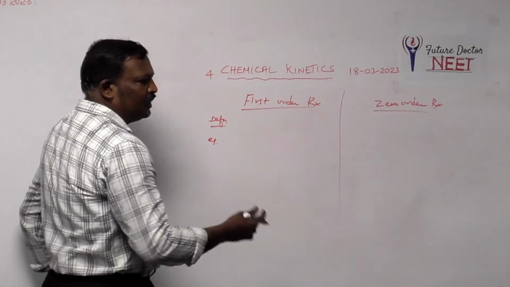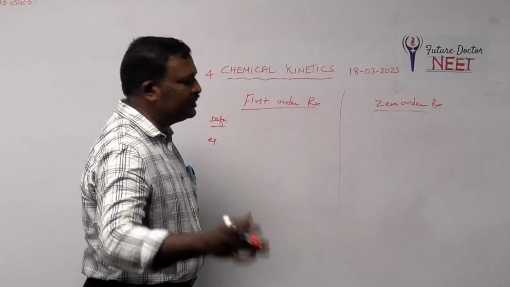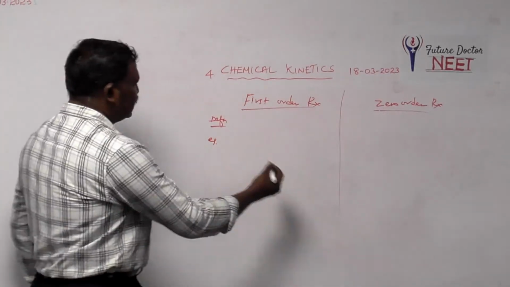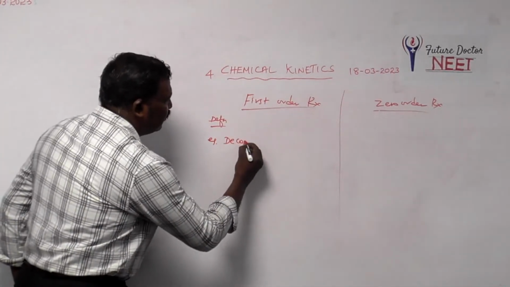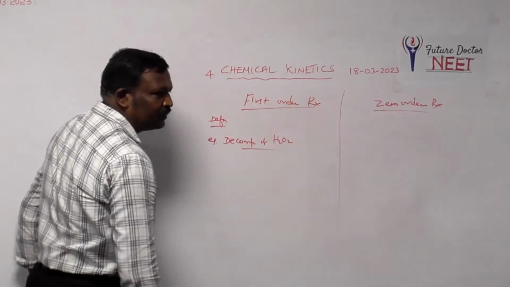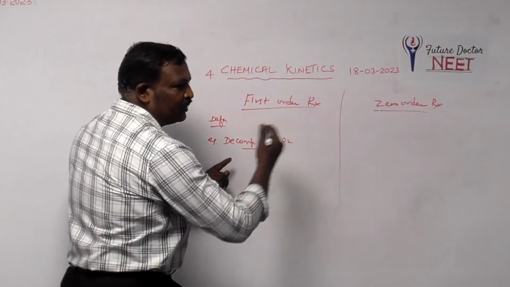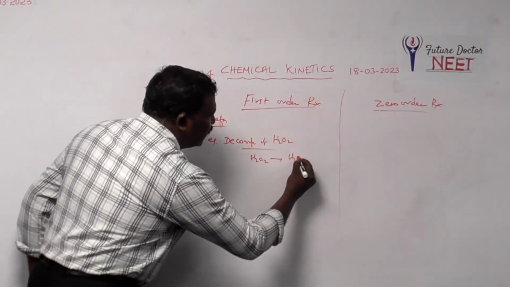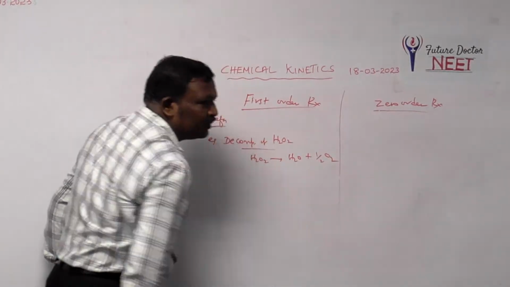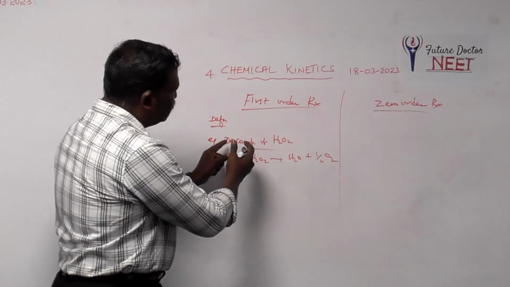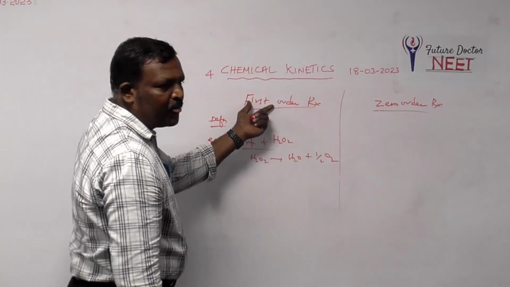Mostly all the decomposition reactions are also considered as first order reactions. I'll give one example. See, decomposition of hydrogen peroxide. Only one reactant is involved. When it decomposes we get H2O plus half O2. Mostly in all decompositions only one reactant is involved, so they are considered first order reactions.